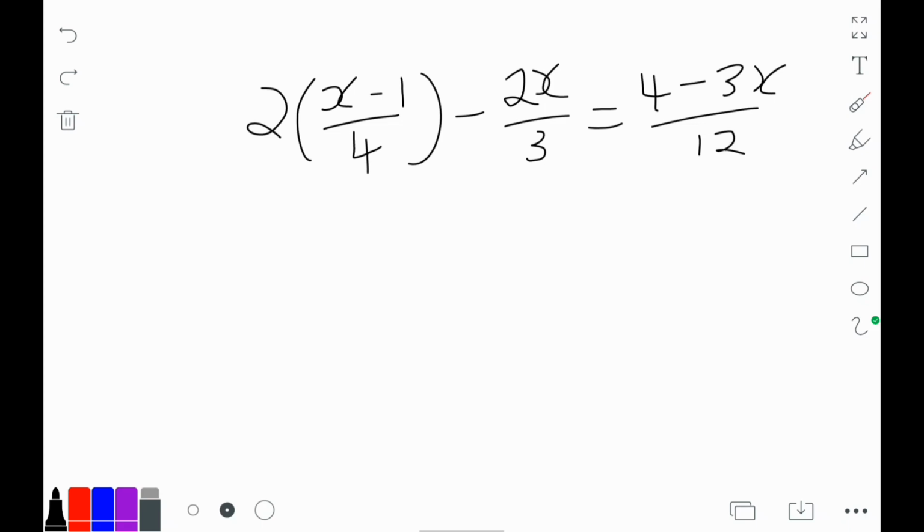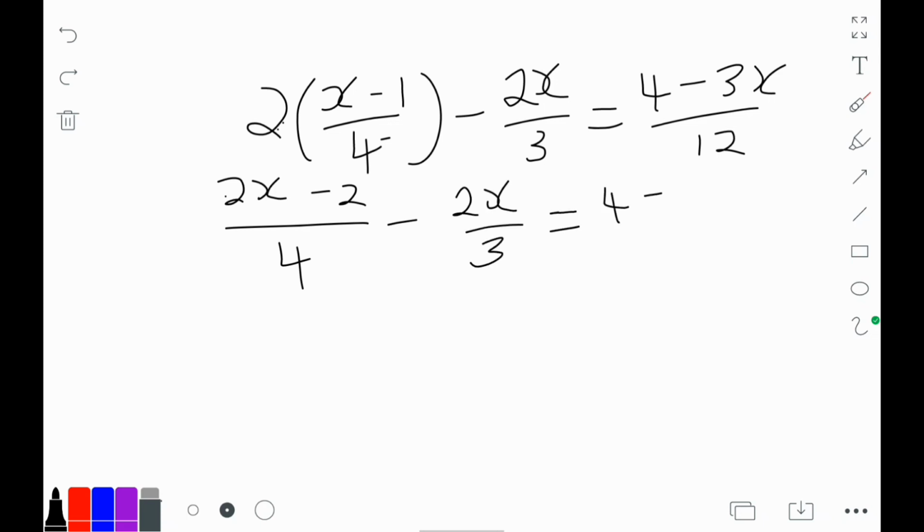When solving this question, the first thing is to multiply 2 by x minus 1. So we're going to get 2x minus 2 divided by 4, minus 2x over 3, equals 4 minus 3x over 12.